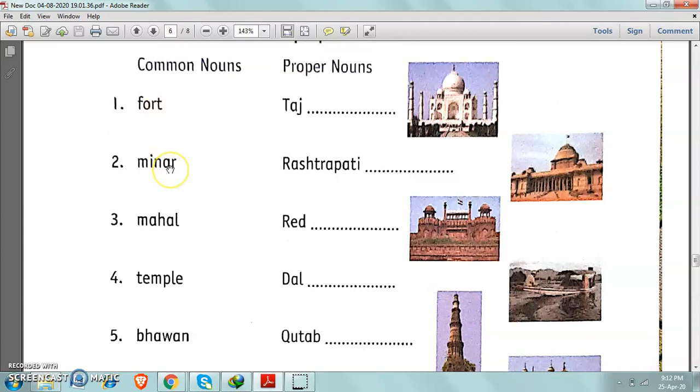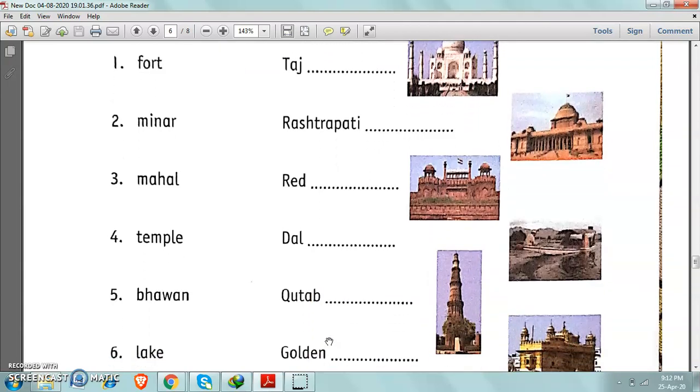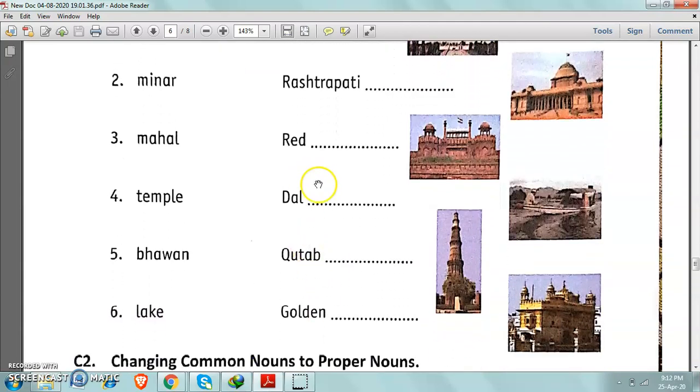If we say minar, it will be a common noun. But if we add Qutub with this minar, it will become the specific name of a historical building, and it will be Qutub Minar, and it will be a proper noun. Now next, Dal, D-A-L. It is, see, lake. It is Dal Lake.